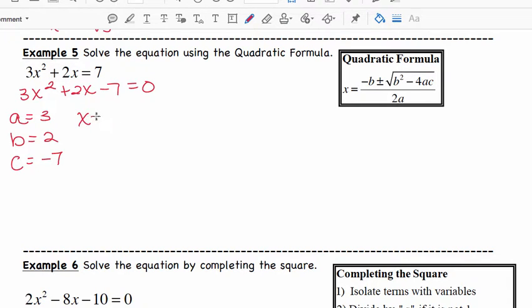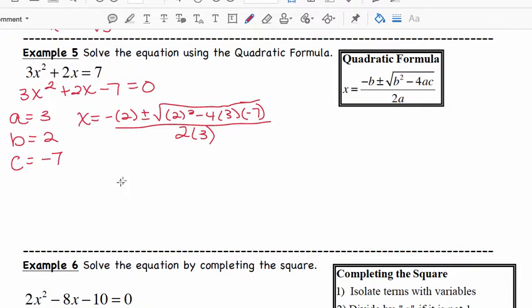Okay, so we have x equals negative b plus or minus the square root of b squared minus 4ac, all over 2a. And then I'm going to go ahead and clean it up.